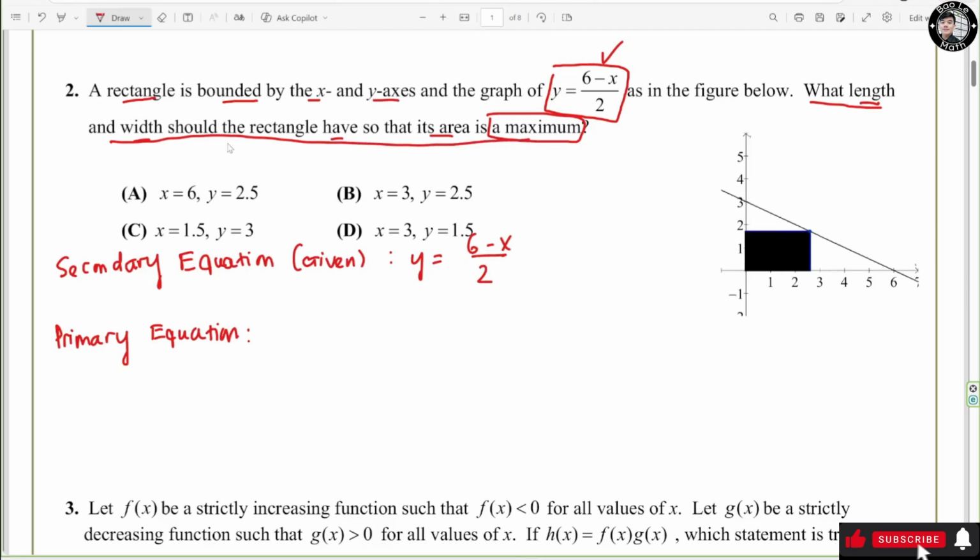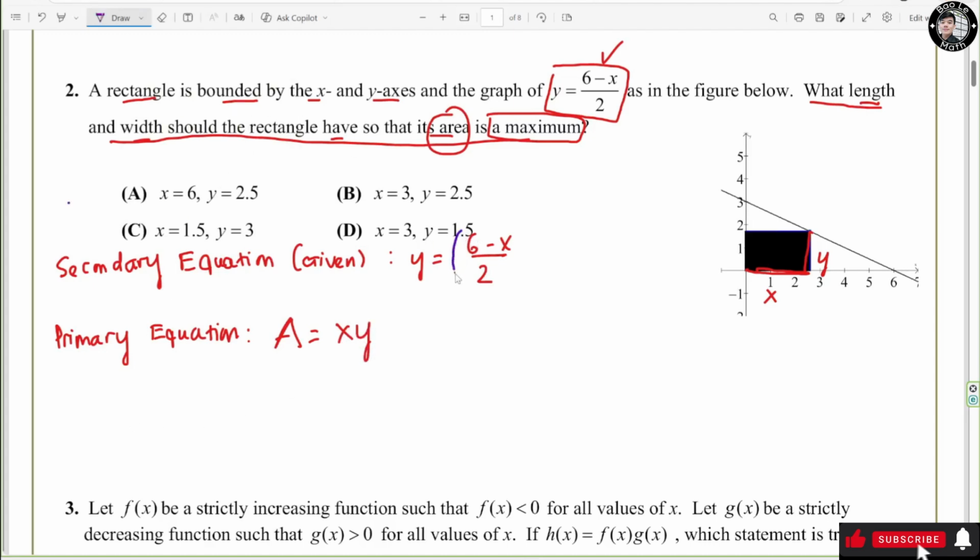What length and width should the rectangle have so that its area is maximum? So the area is, I'm going to call the length of the rectangle x, and the width right here is y, right? So A equals x times y, right?